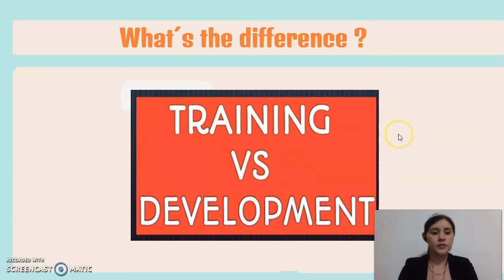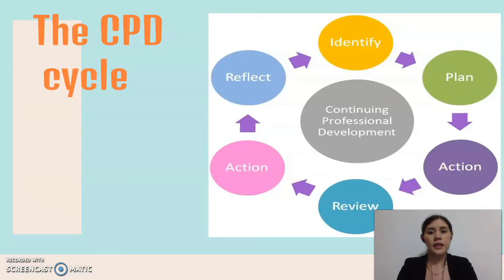Teaching professional development is a process, so it is necessary to know about the steps that we have to follow. And here we have the CPD cycle. First of all, we have identification, where you are going to identify your potential learning outcomes, and then you will plan what you are going to do, how you will achieve your goals, so how you will track your process and your development.